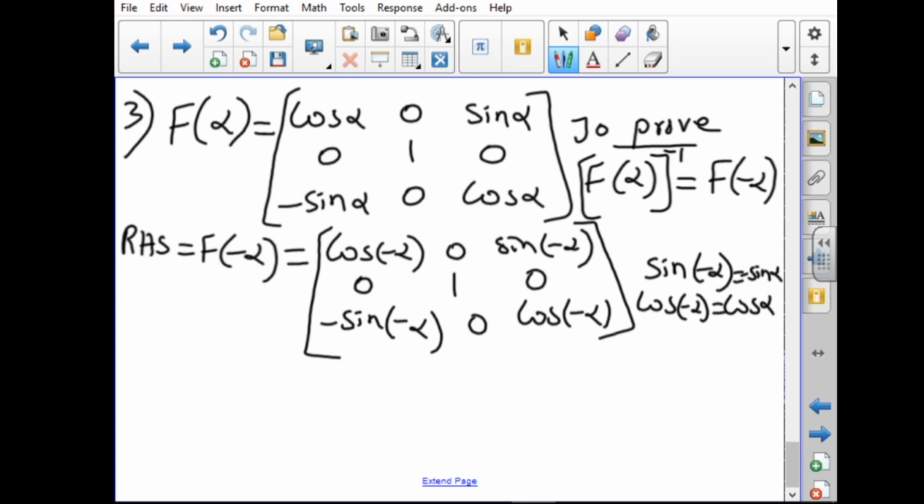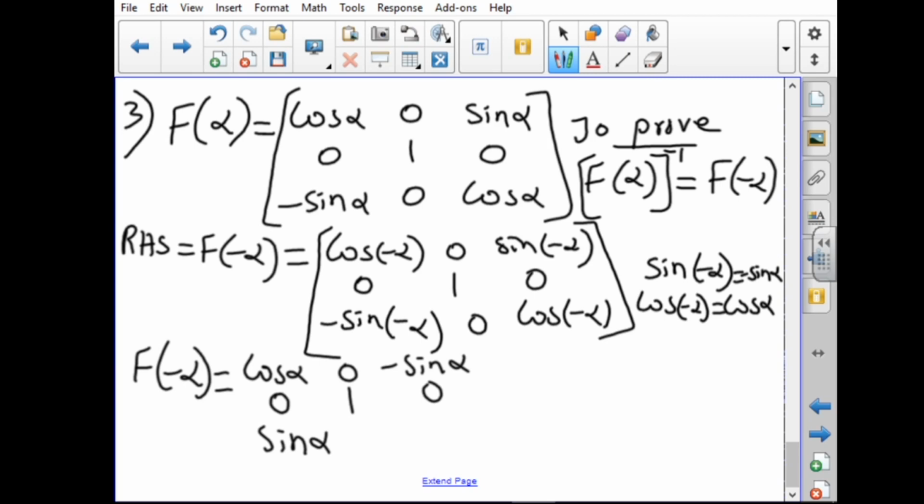Therefore, f of minus alpha becomes cos alpha, 0, minus sin alpha; 0, 1, 0; sin alpha, 0, cos alpha, since sin of minus alpha is minus sin alpha and the sign becomes plus. Take this as number 1.